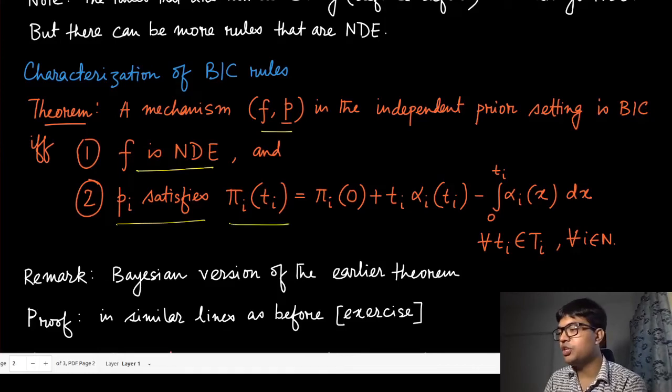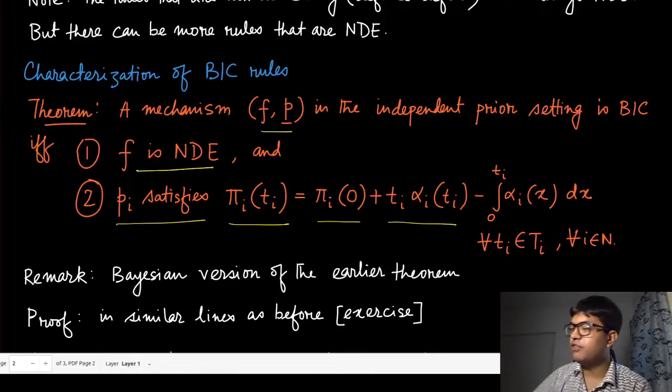So the expected payment at type Ti, again notice that there is no T minus i anymore because they have all been expected over, has three components. The first one is the constant component. The second one is alpha of Ti times Ti, so you see that fi has all been replaced with alpha i of Ti, and similarly for the last component, which is the integral part.